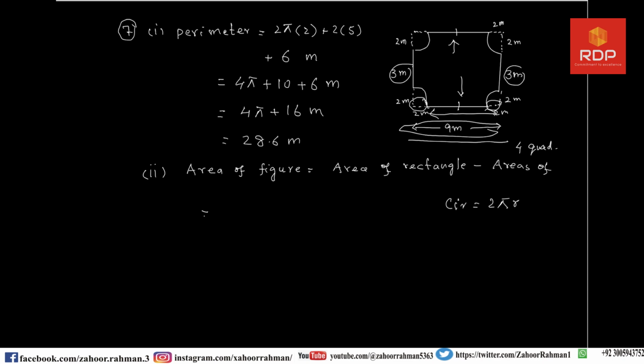So here if we are finding area of rectangle, it will be 9 into 7, because when we add these, 2 plus 3 is 5, plus 2 is 7, and area of the full circle is pi into 2 square, because 2 is the radius, so it means 63 minus 4 pi.